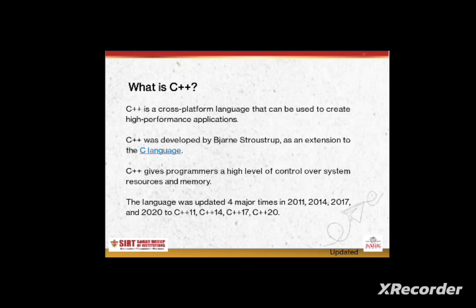C++ gives the programmer a high level of control over the system, resources and memory. The language was updated four major times, in 2011, 14, 17, and 20: C++11, 14, 17 and C++20 is the latest version.